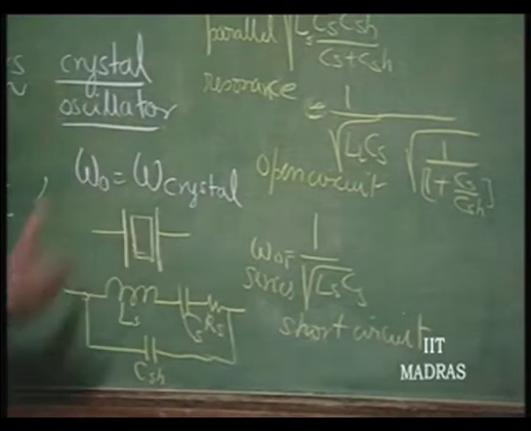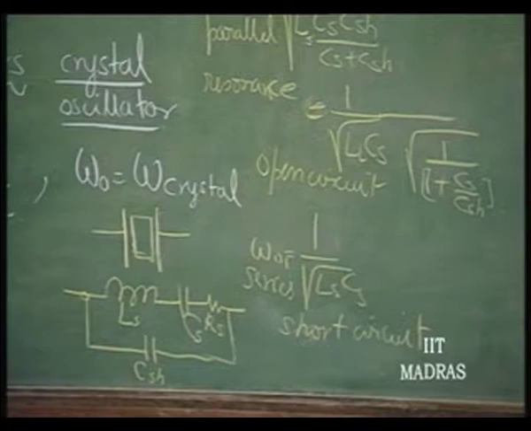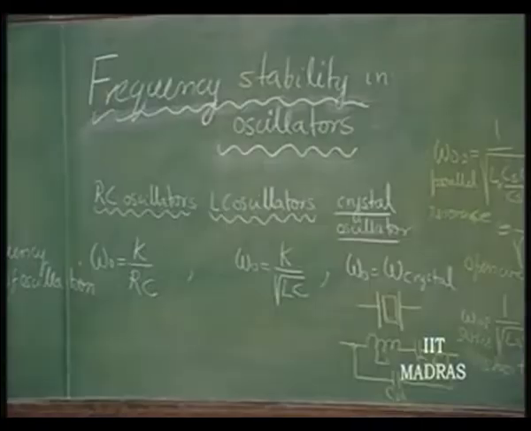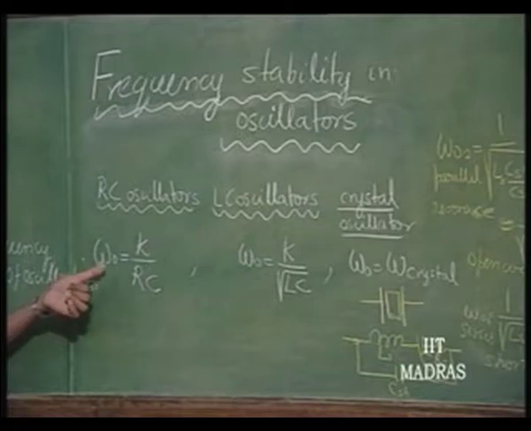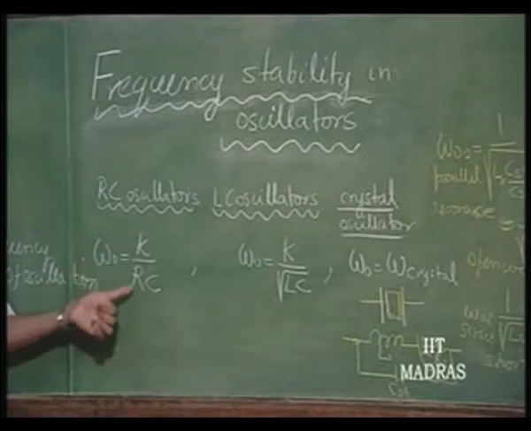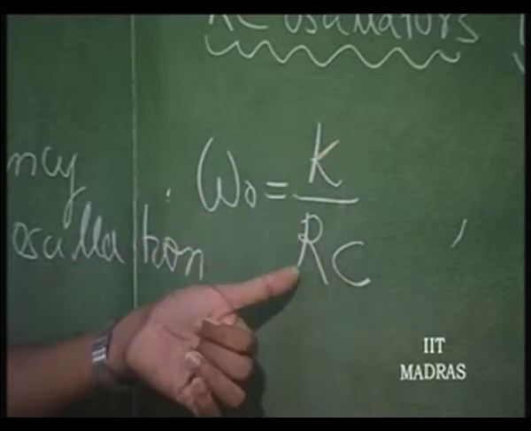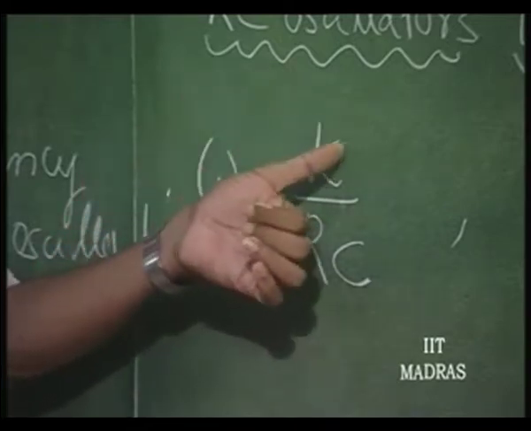This is an important property in what we now call frequency stability in oscillators. Let us understand this basic concept. What is frequency stability? The frequency of oscillation in all these oscillators, for example in RC oscillators, is determined by the resistance and the capacitance. Omega naught is invariably equal to K by RC.